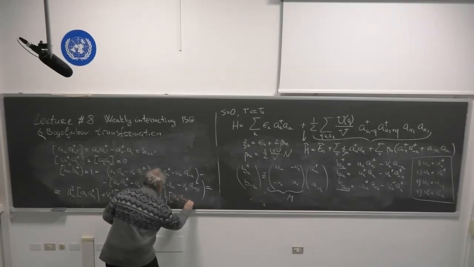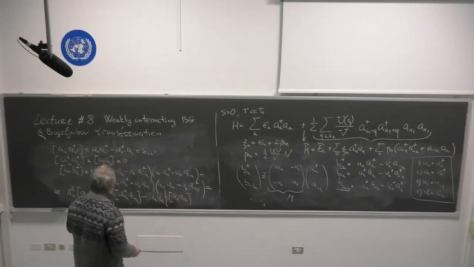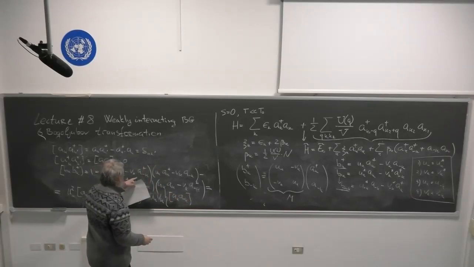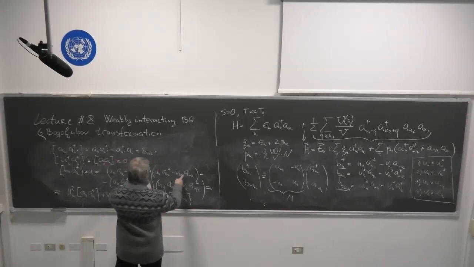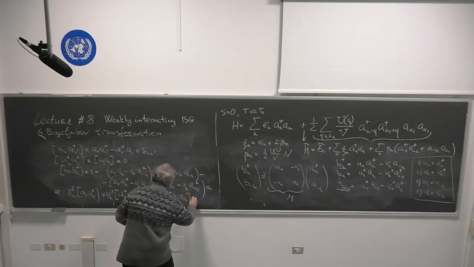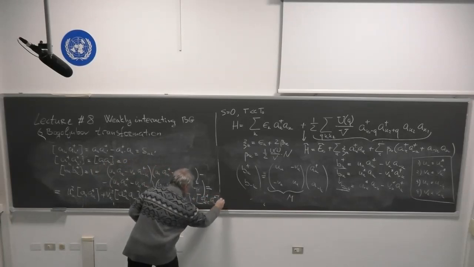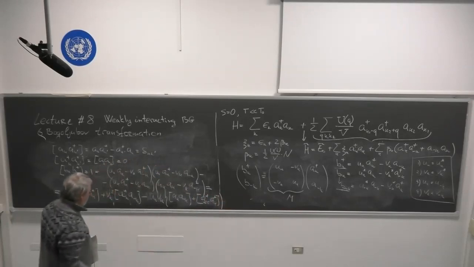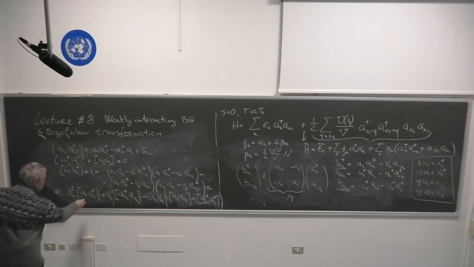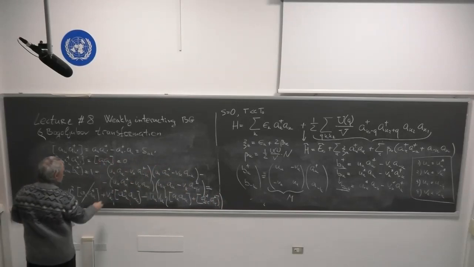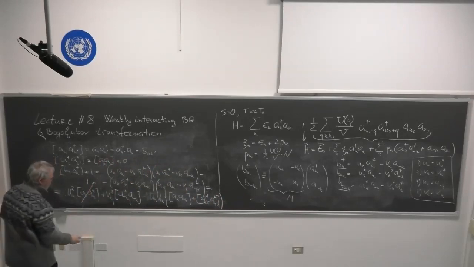AK A minus K plus A minus K dagger AK dagger. A minus K dagger AK dagger. Now I see that this commutator, according to the first line, is equal to 1.